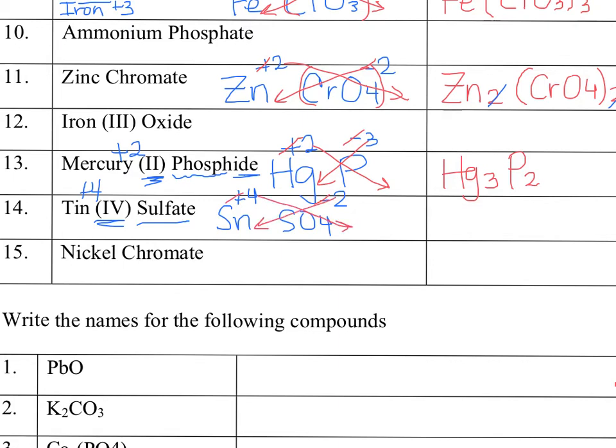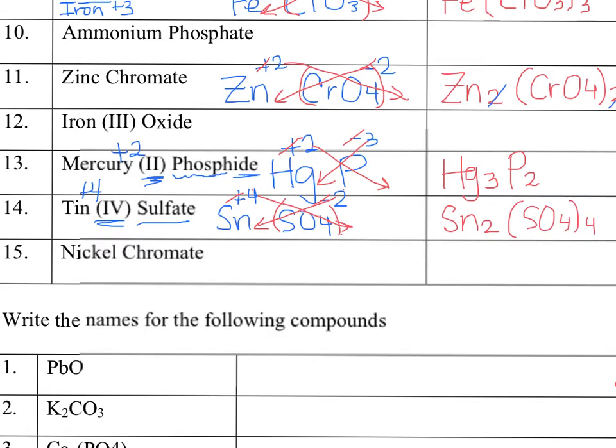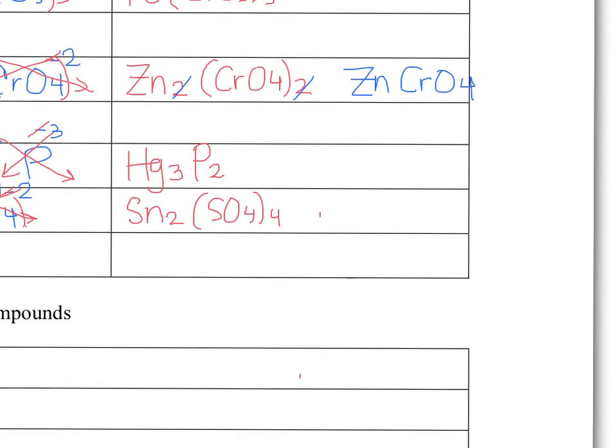So how many of the tin do I need? I need 2. I know. If you know how to reduce, just keep going. How many of the sulfate do you need? Well, we need 4. So I put parentheses, SO4, 4. But some of you smarty pants are saying, but I can reduce.